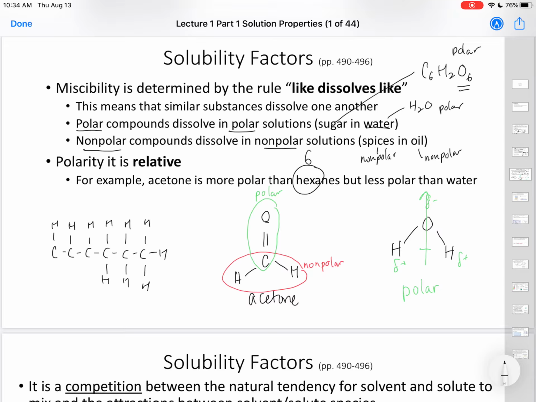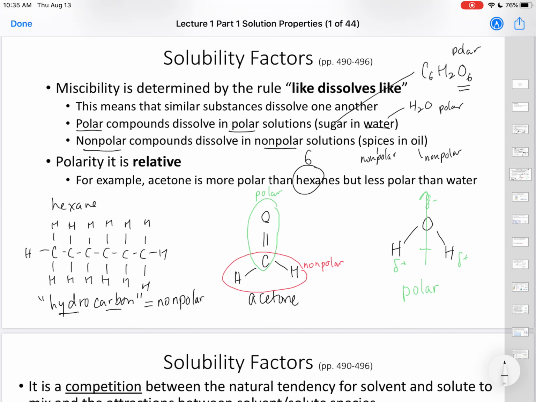Because of all these carbons and hydrogens, it is hexane, but it is called a hydrocarbon. And this word hydrocarbon is very important because hydrocarbons are always nonpolar, again due to the difference in electronegativity between carbon and hydrogen.